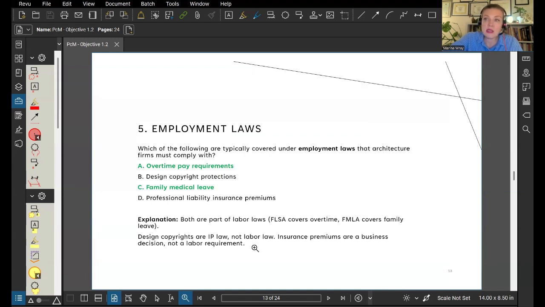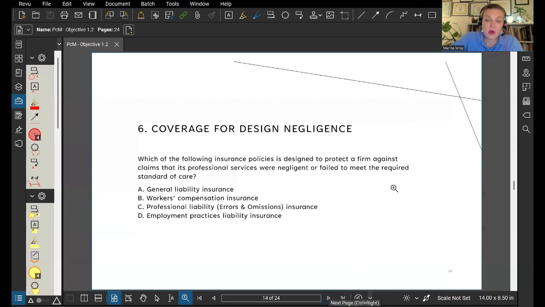So these are the things that you need to know as the practice owner. So if you decide to open your own firm after you get licensed, these are the things that you really need to know. So don't treat these as just your exam questions. These are the fundamental pieces of information that you need to know to successfully run your architectural practice.